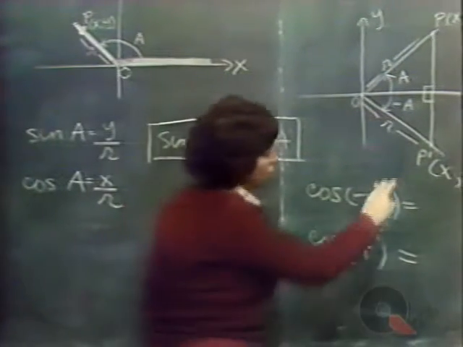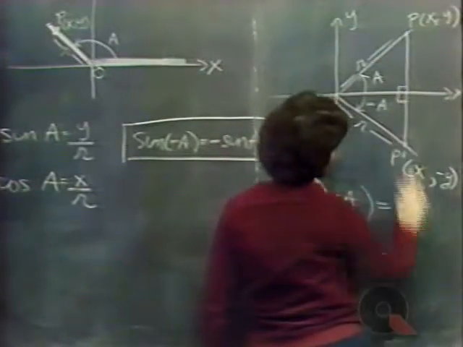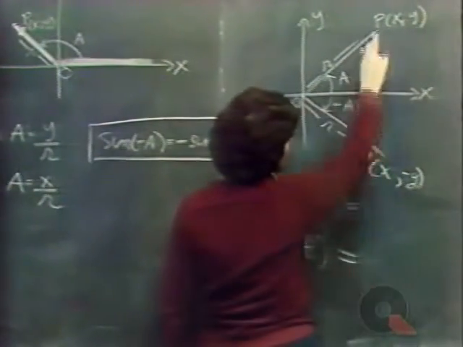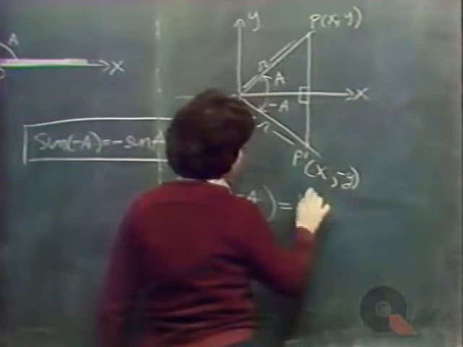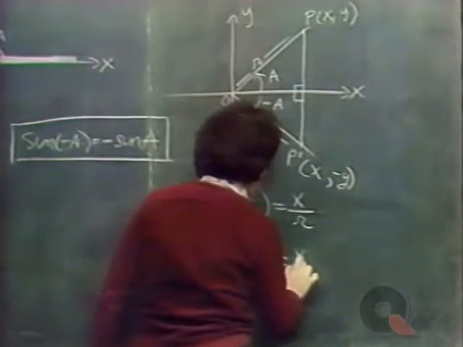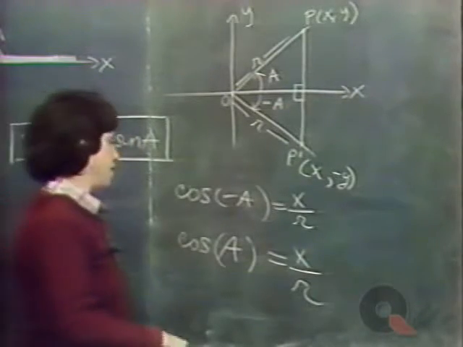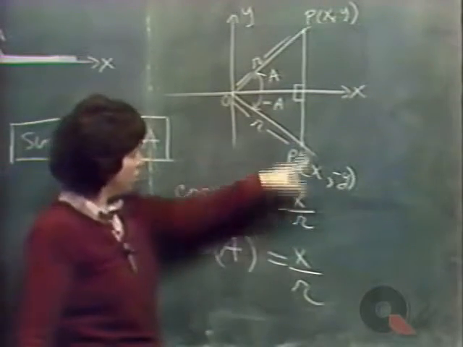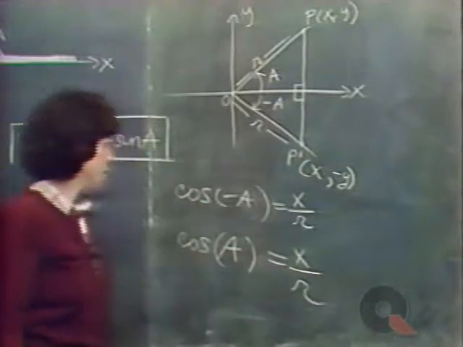If we look at these two points on the terminal side of the angle, P and P prime, they have the same x-coordinate, and their distance from the origin is the same. The cosine of minus A must be x over r, as must also be the cosine of A.